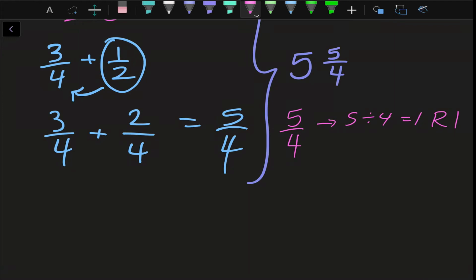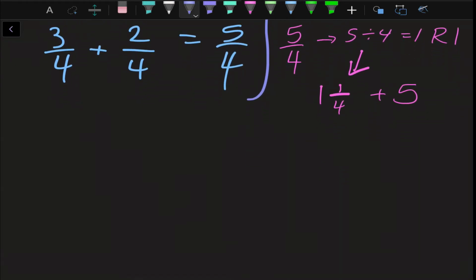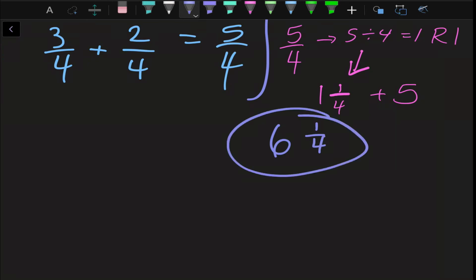Which means that we're going to get 1 and 1/4. Okay, so now we're really just going to have to add 5 to this because that's the only whole number we have left. So I'm just going to add the whole numbers together because that's how we add mixed numbers. So I get 6 and 1/4, and that is my full answer.